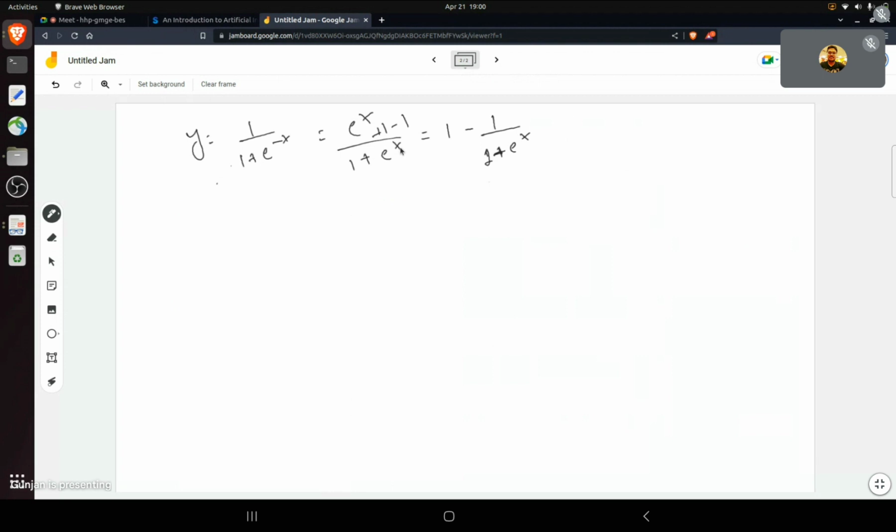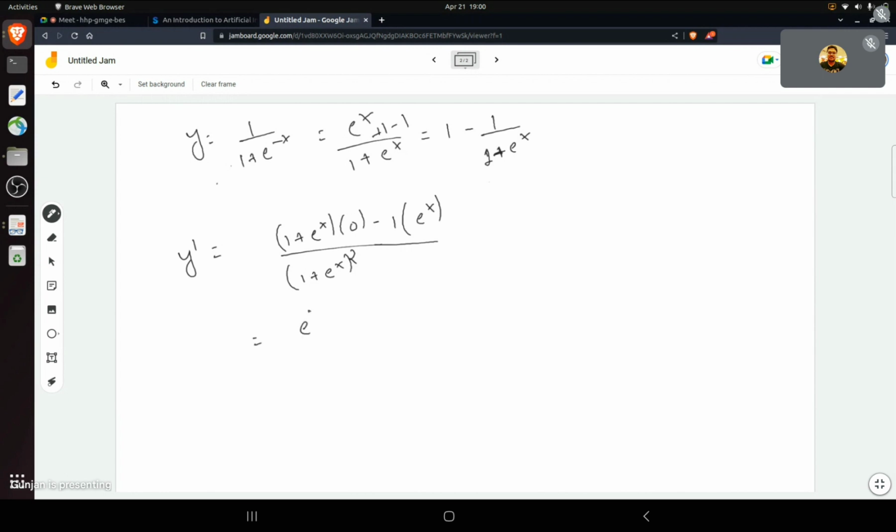So if I take y dash, this will be 1 plus e to the power x the whole squared into 1 plus e to the power x the differentiation of minus 1, that is 0, and minus 1 into differentiation of 1 plus e to the power x, that is e to the power x.